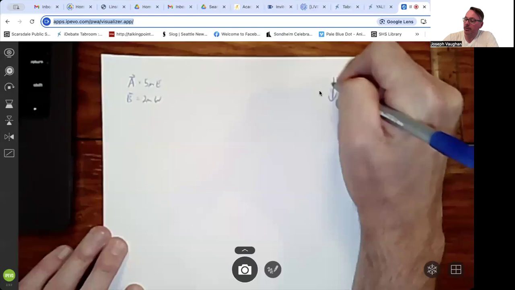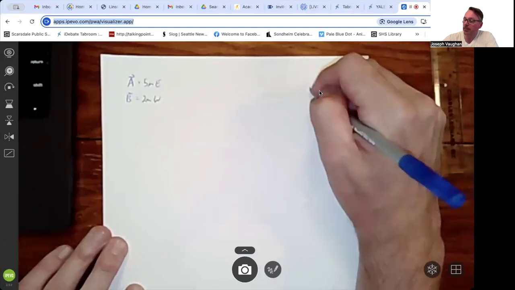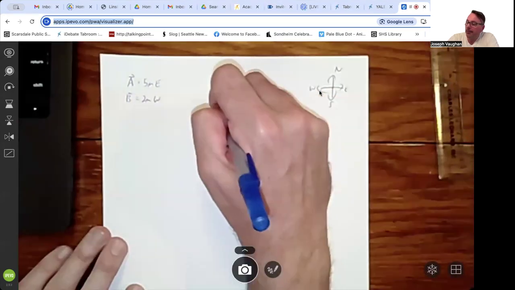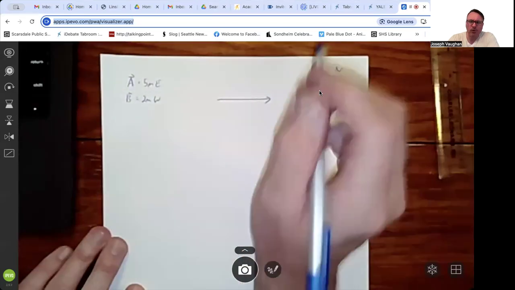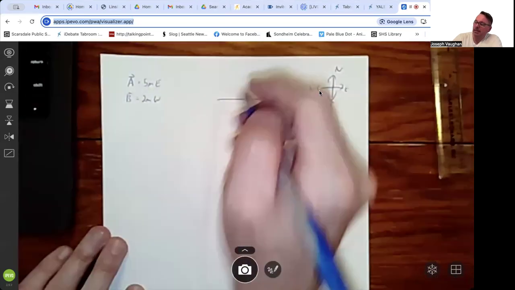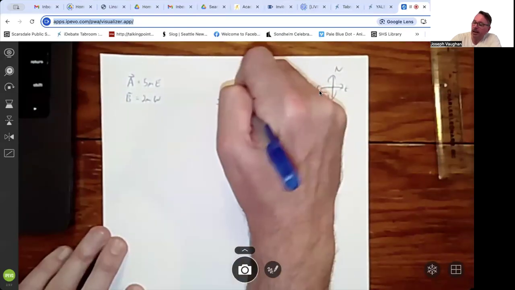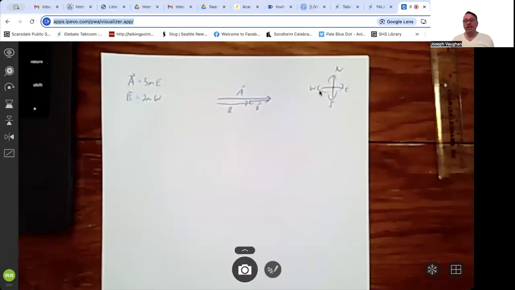I'm still going to throw a north, south, east, west compass rose onto the page, and I'm not going to pick up my protractor. 5 meters east, 2 meters west, and then there's my answer, A, B, R, right? So that's going to help us sense check. Since we're not doing the scale process, I'm just going to leave it at that sketch.